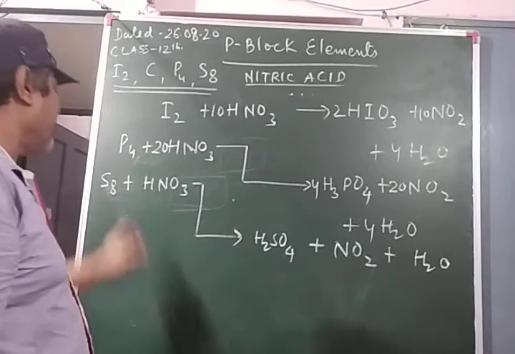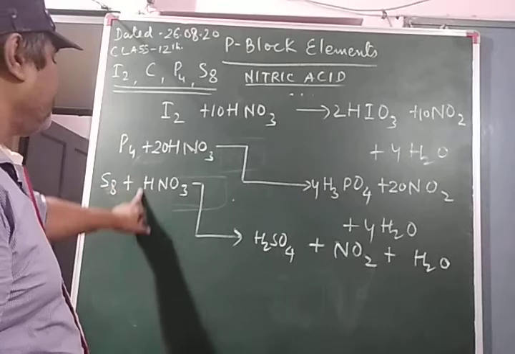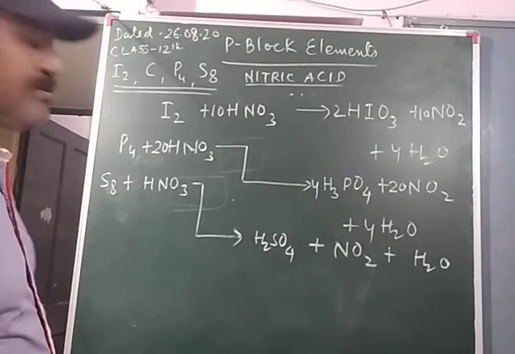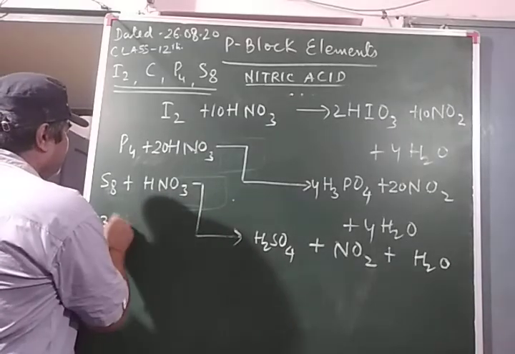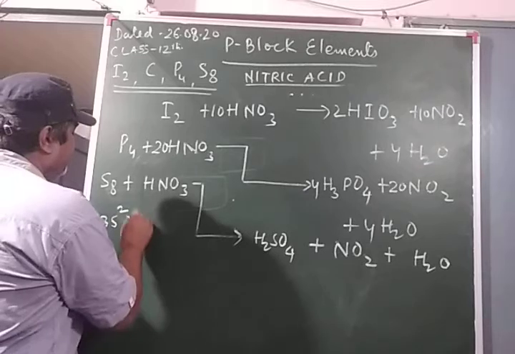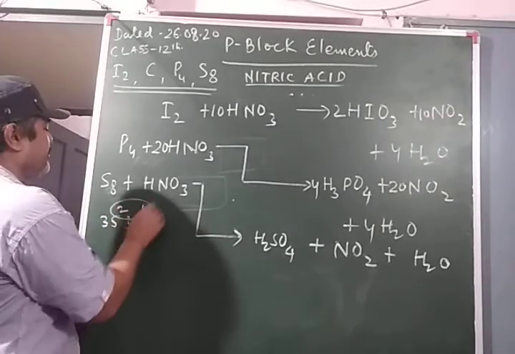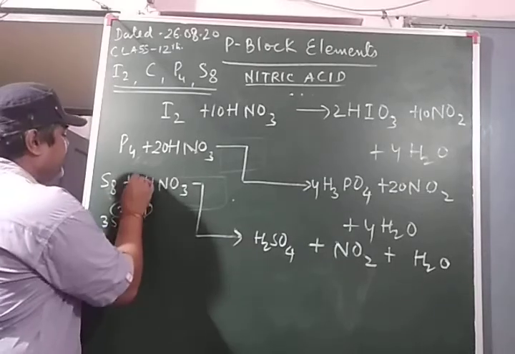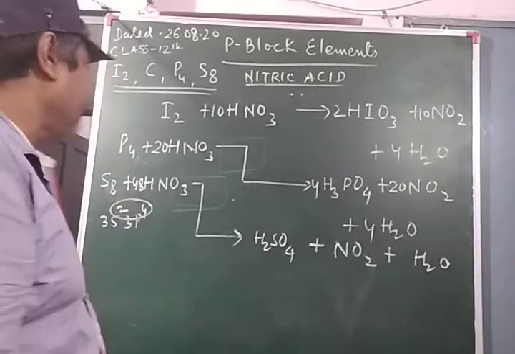Again we will find the stoichiometric coefficient of HNO3 from the outer electronic configuration of sulfur. Sulfur is 3s2, 3p4, so 4 plus 2 is 6. So 6 into 8 is 48. So 48 will be the stoichiometric coefficient of HNO3.